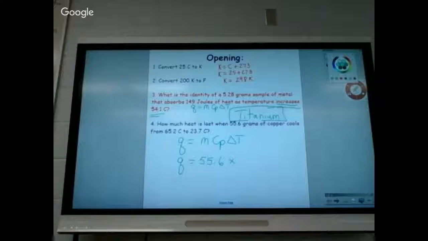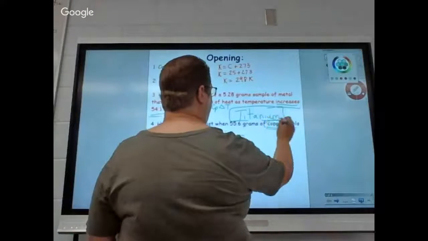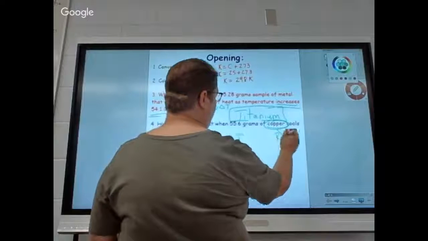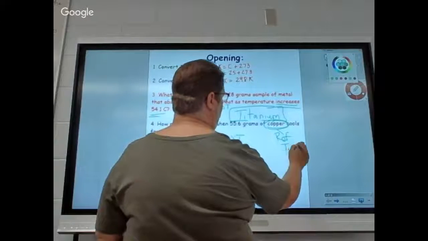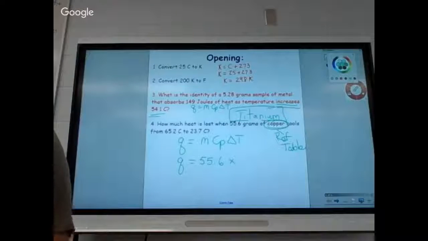I don't know. Lewis, what are we going to do for specific heat? David? It says copper, and the blue sheet is 0.385. All right. See how it says copper right here? Specific heat is on the reference table. So you got to get out your blue reference table, and you got to look up copper.